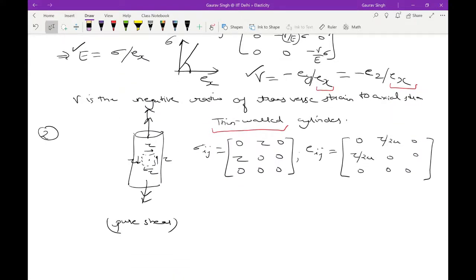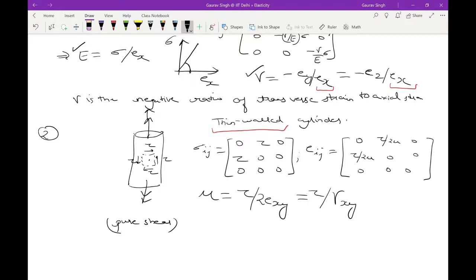Now it is easily observable that mu in this case will be equal to tau by 2 epsilon xy, or tau by gamma xy, the engineering strain.